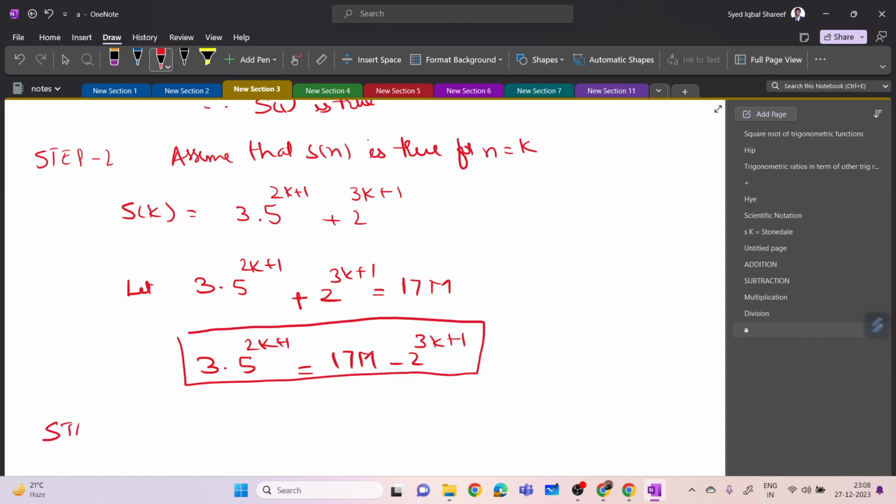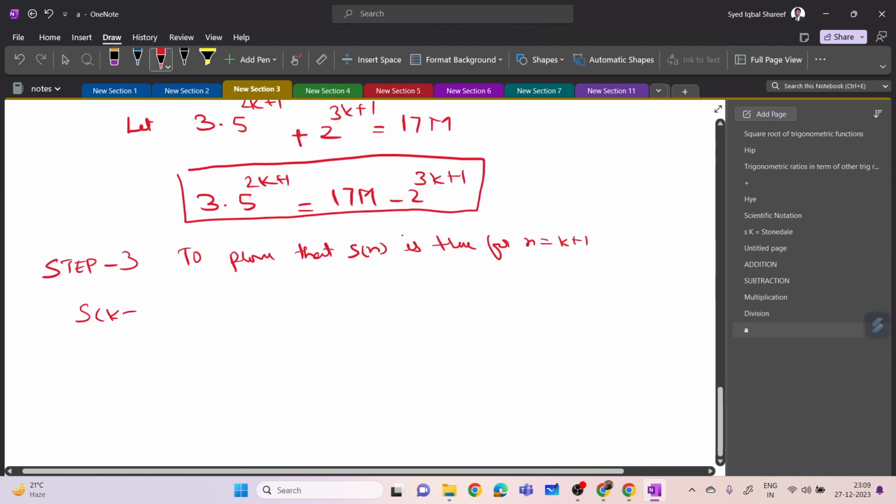Now what does step number 3 say? To prove that S of n is true for n equal to k plus 1.